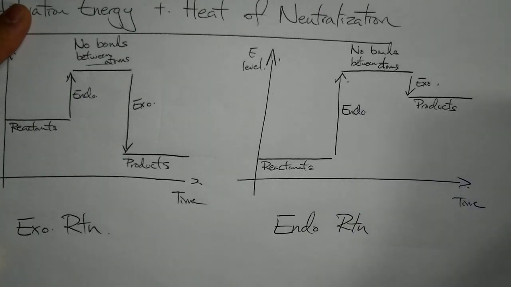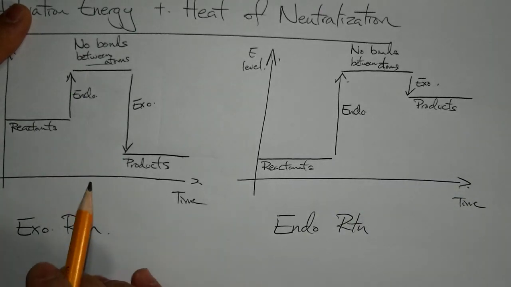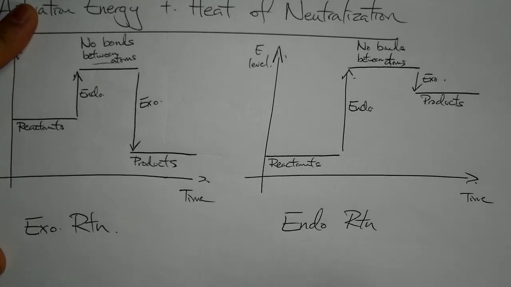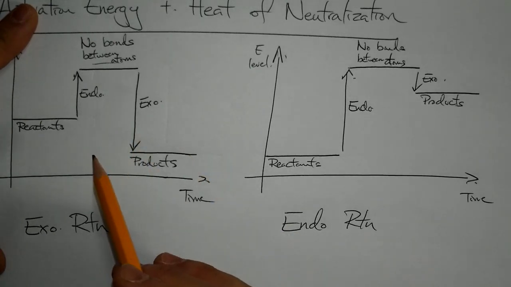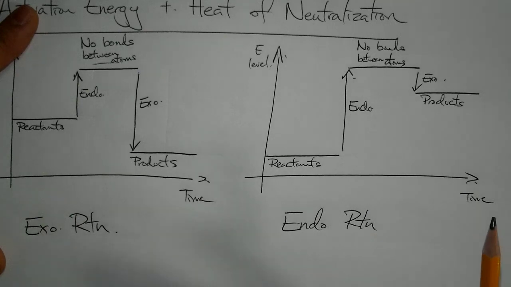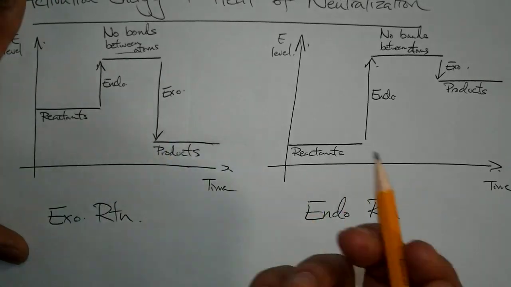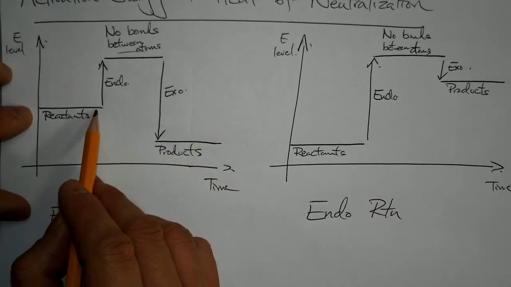Now, we also talked about another thing: heat of reaction. Remember, heat of reaction is how much energy is either given out or absorbed by the overall reaction. You're comparing the energy level between the reactants and products.